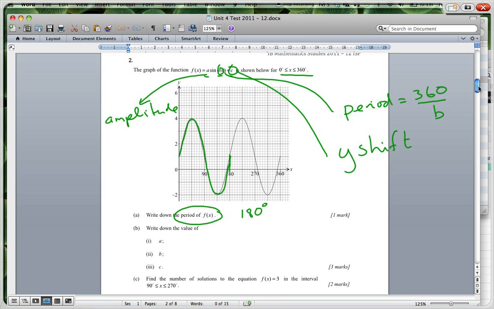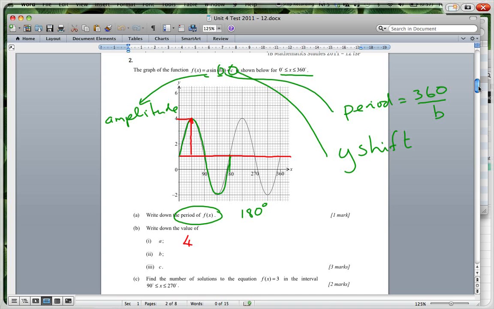So looking at that then, what is the amplitude of this graph? Basically your amplitude is from your middle position. So if I redrew this, it's from that middle line, either up or down to the maximum. So that would be your amplitude there. So it corresponds to 4.